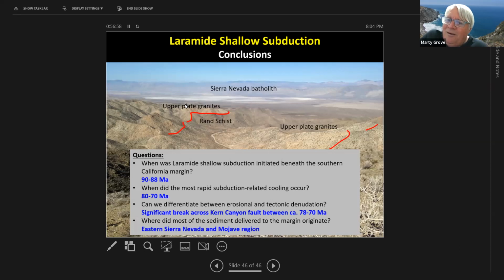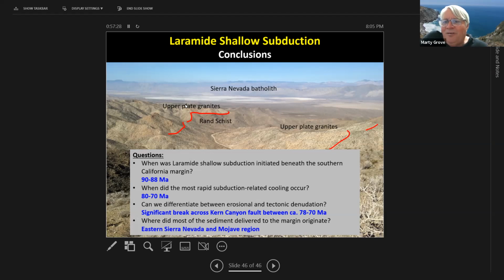And this is evidence of tectonic denudation, in which parts of the Sierra Nevada are basically being displaced by some sort of normal faulting attenuation to the west. This is an idea that Jason Saleeby and Alan Chapman have been pushing for over a decade. And so we have evidence in support of that.